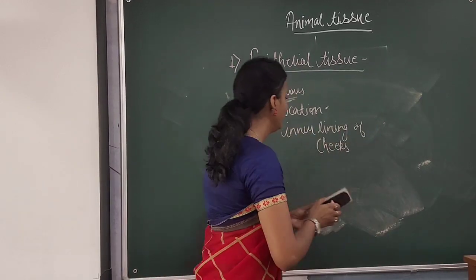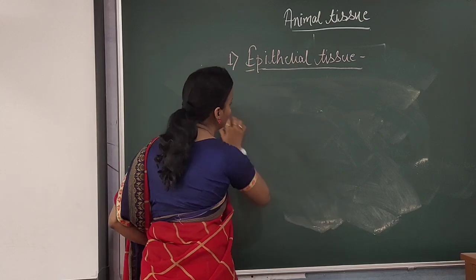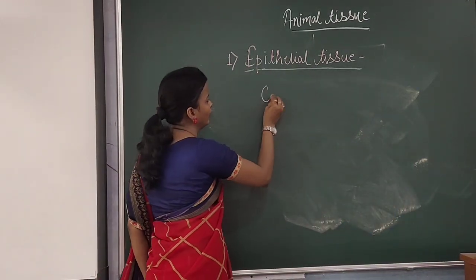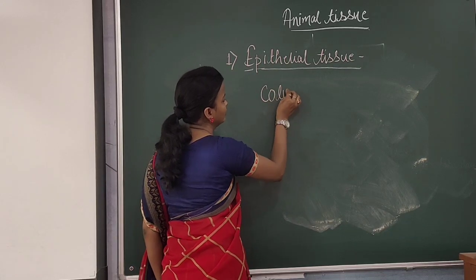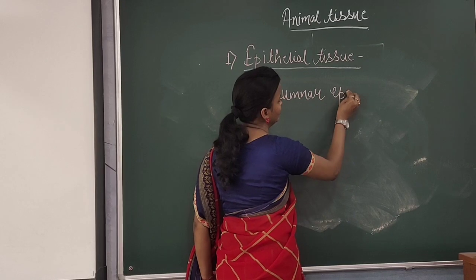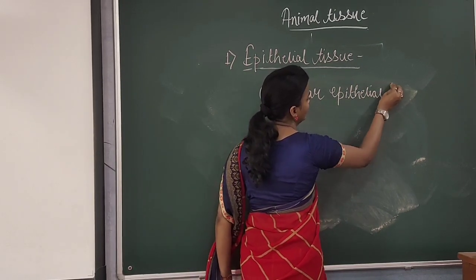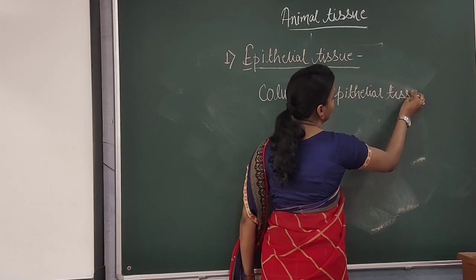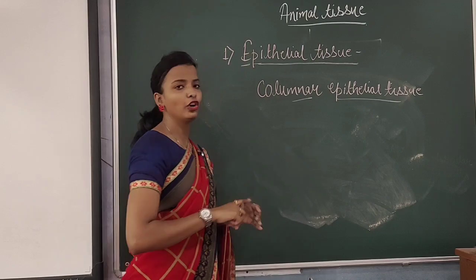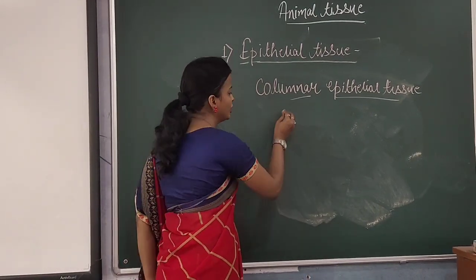Now the third one will be your columnar epithelial tissue. When you talk about the columnar epithelial tissue, they are somewhat cylindrical in shape.